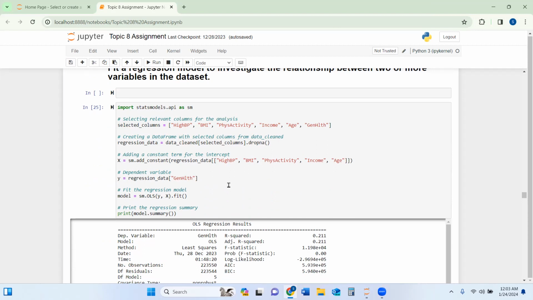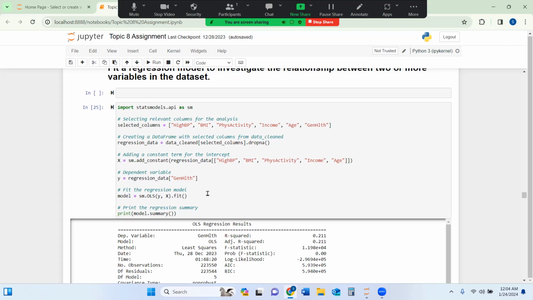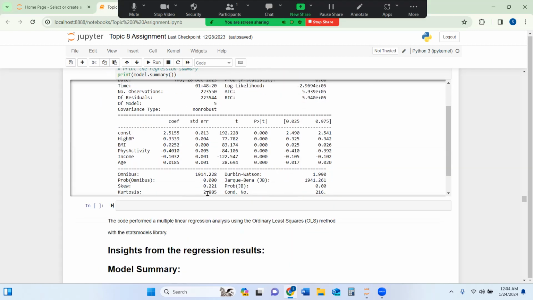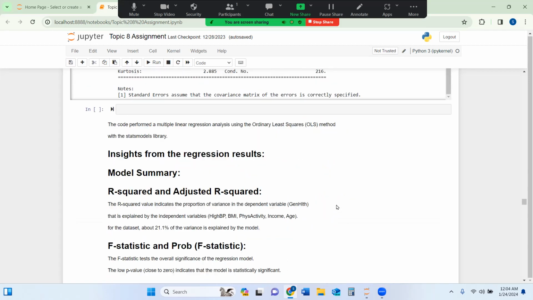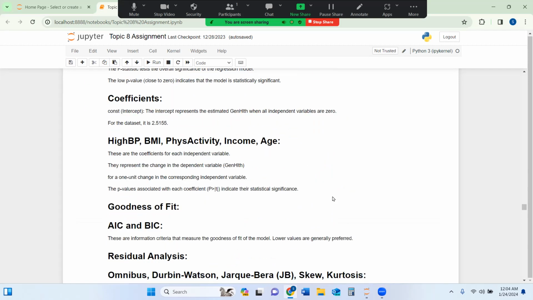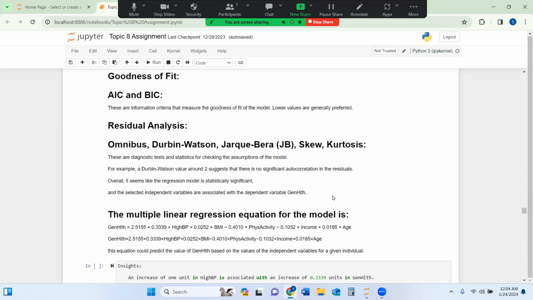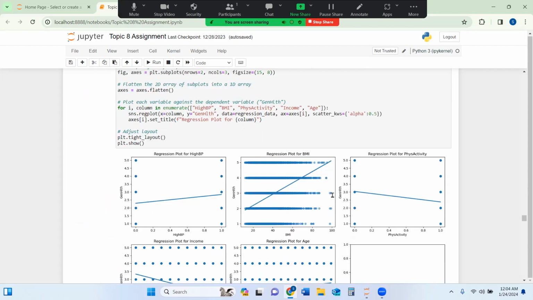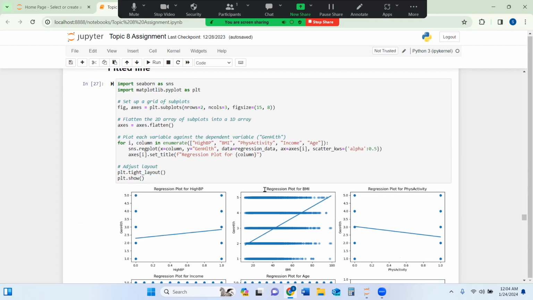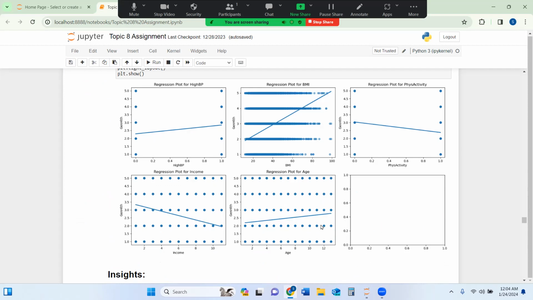And the fitted line, also referred to as the regression line, represents the best fit to the data points in the multiple regression model. These are the results that I have here. And an example is looking at the fitted line here for high blood pressure.